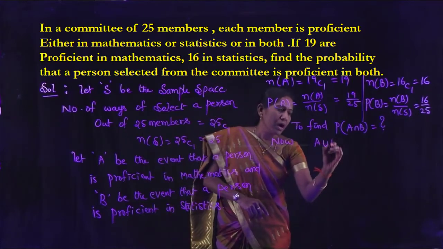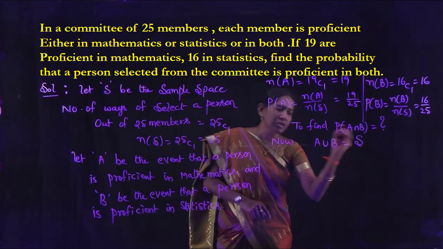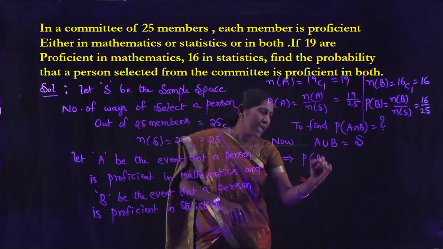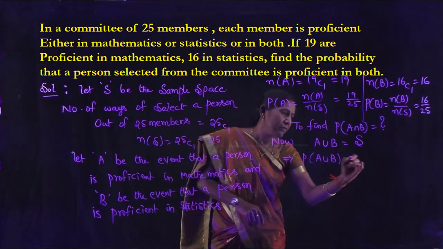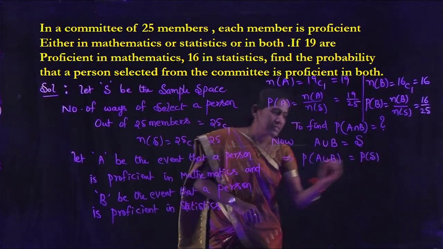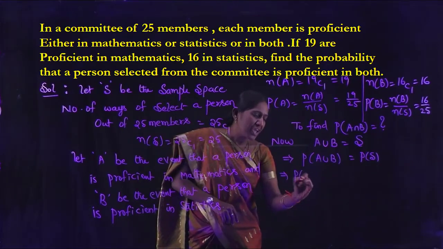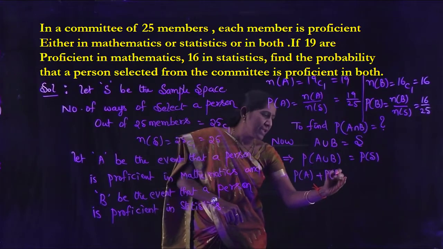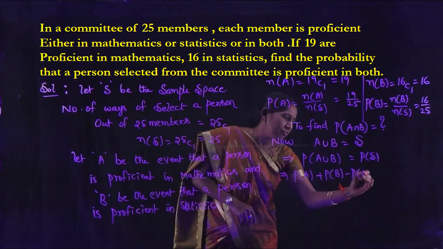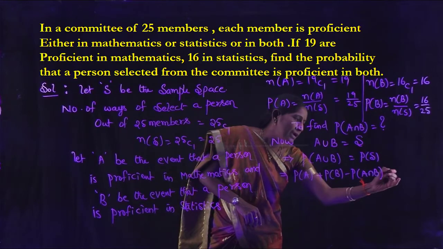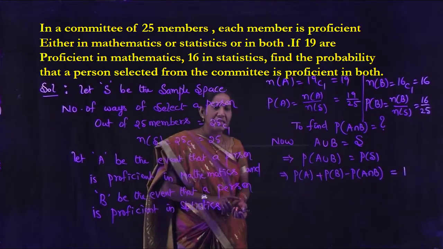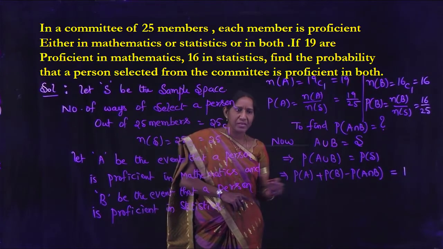So we have A union B equal to S. That implies P of A union B equal to P of S. What is P of A union B? P of A plus P of B minus P of A intersection B. And you know the value of P of S is 1.